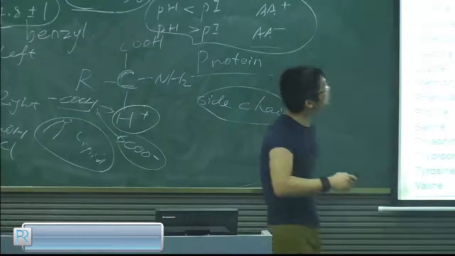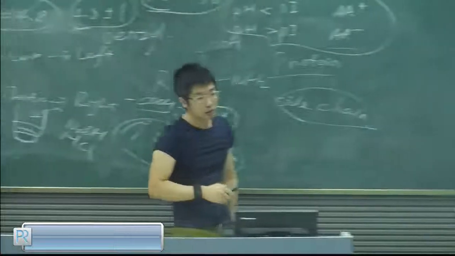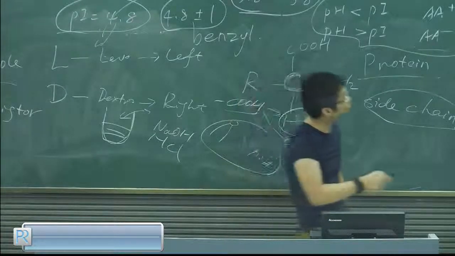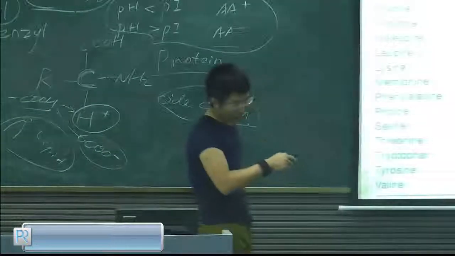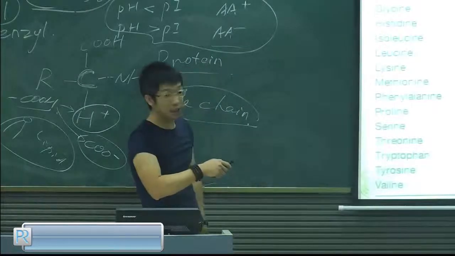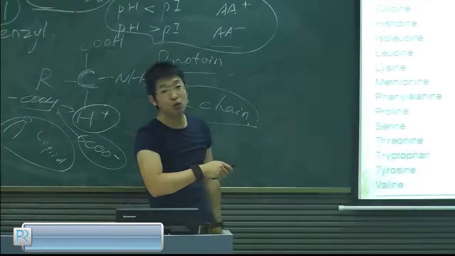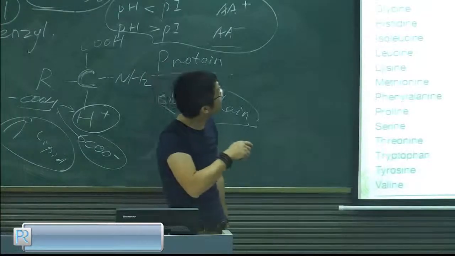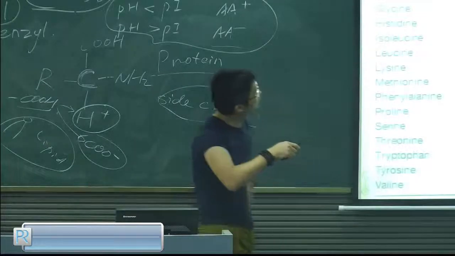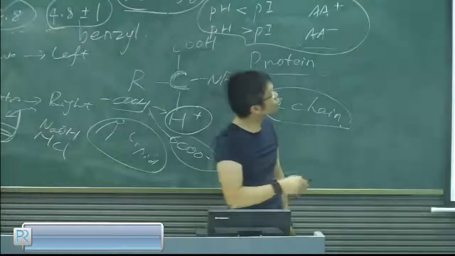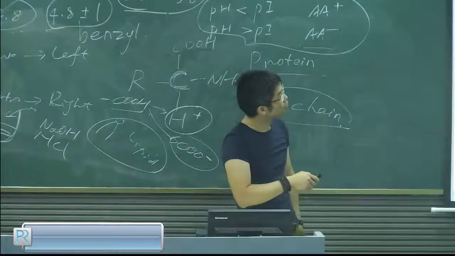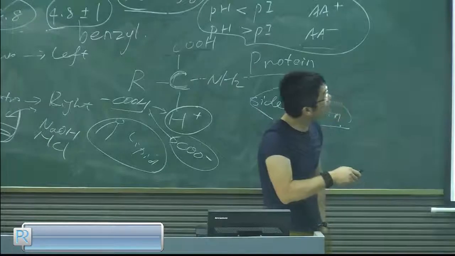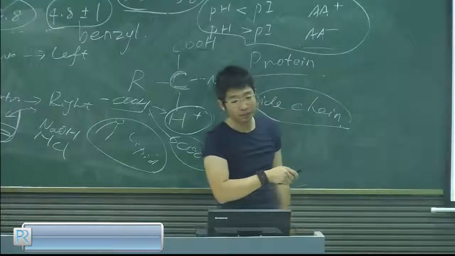So you can imagine the pK value, the pI, the isoelectric value, is just between the alpha carboxyl group pK value and the alpha amino group pK value. Here is the second one, arginine. The pK value for the alpha carboxyl group is 1.82, but the pK value for the alpha amino group is 8.99.